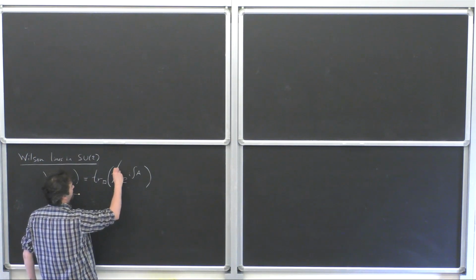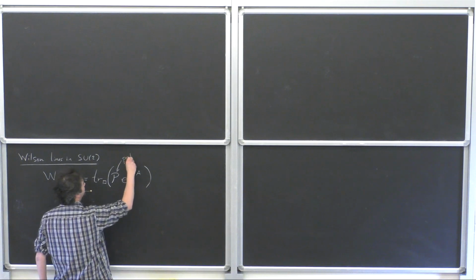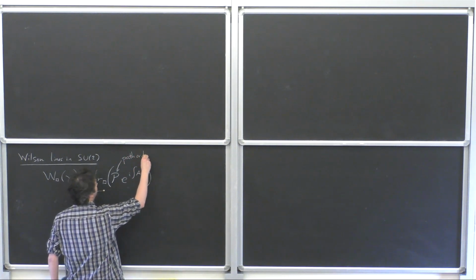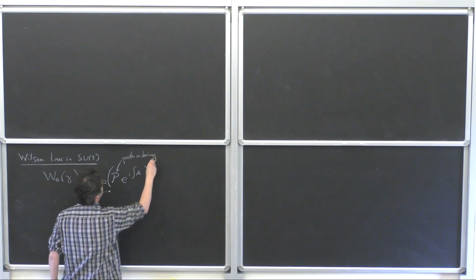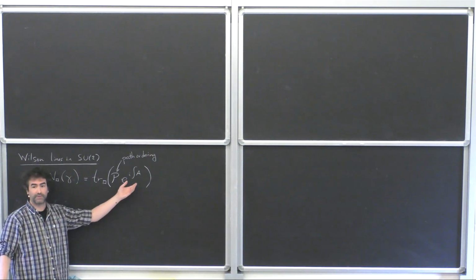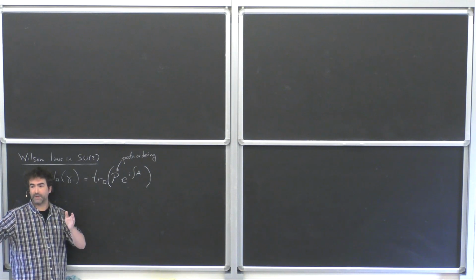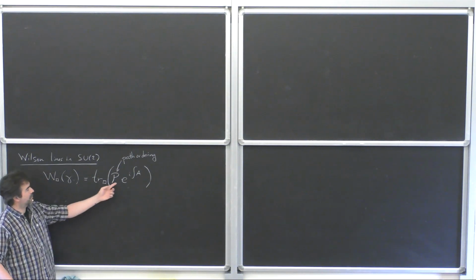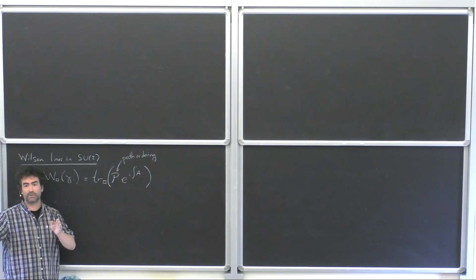So we put here a path ordering operator. And what this means is that when you do the expansion of this exponential and you get a product of integrals, you always order the operators A as they come along the path in the integral.